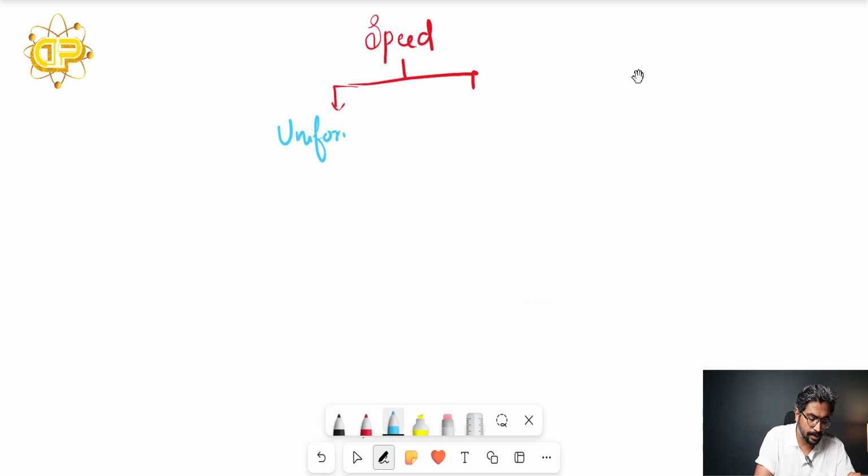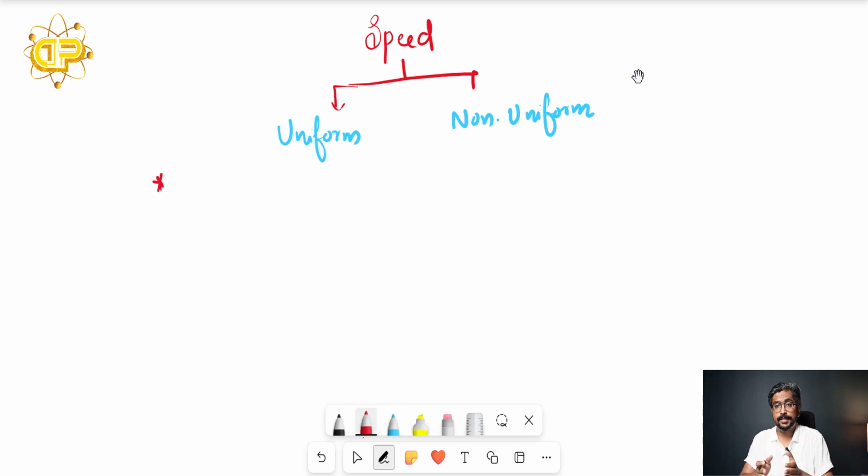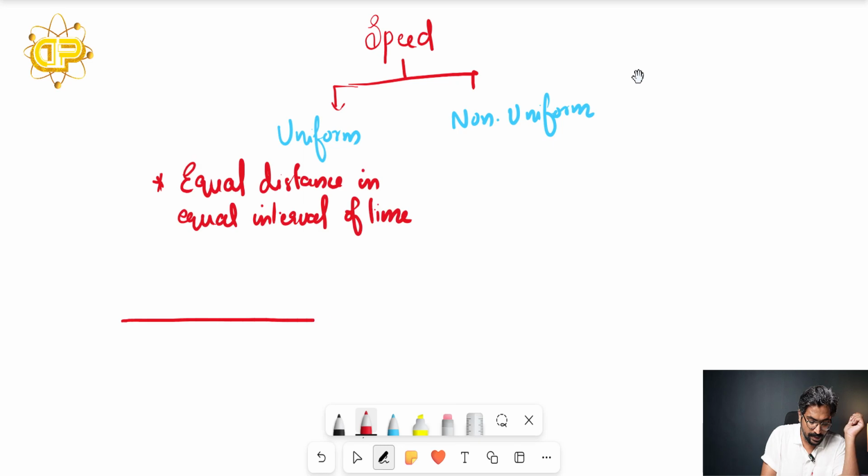Uniform speed and non-uniform speed. Uniform speed can be said as: if an object is covering equal distance in equal intervals of time, then we can say it is uniform speed. Just imagine that there is an object here, and let this be 0, 2, 4, 6.